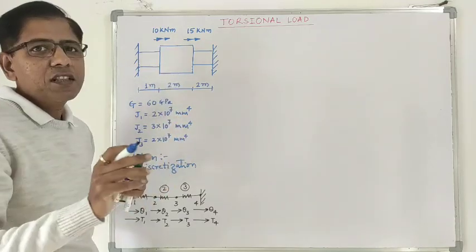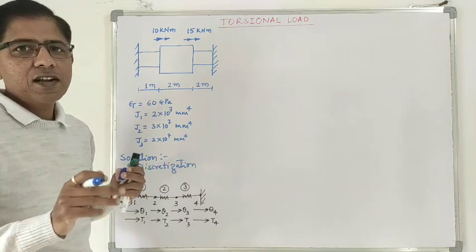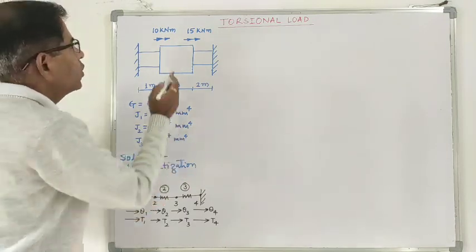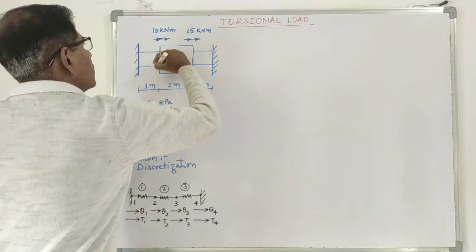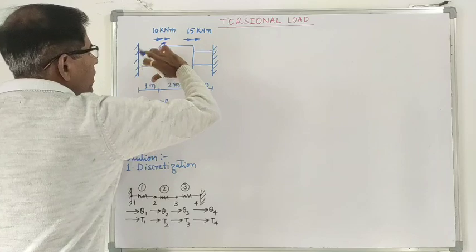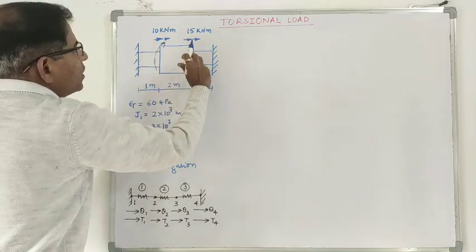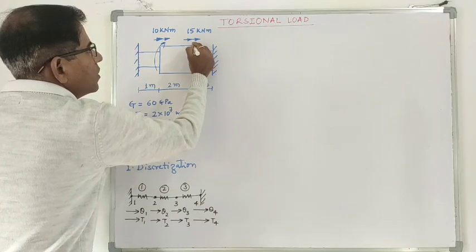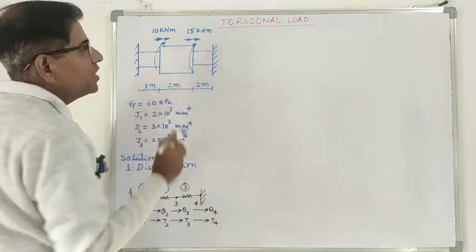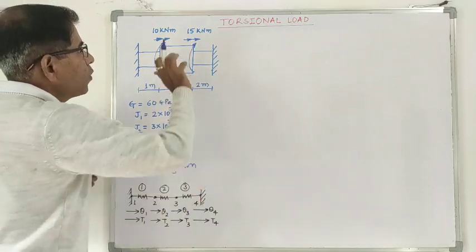Kilonewton meter itself indicates that a twisting moment or torque is being applied. A twisting moment at this junction is applied of 15 kilonewton meter in clockwise direction.